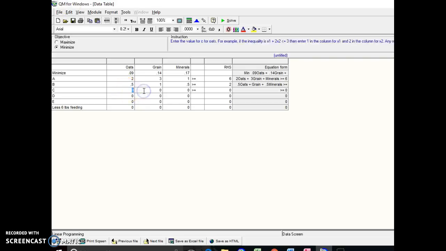For C, it's going to be 3, 5, and 6, and it's got to be greater than the USDA requirements of 9.